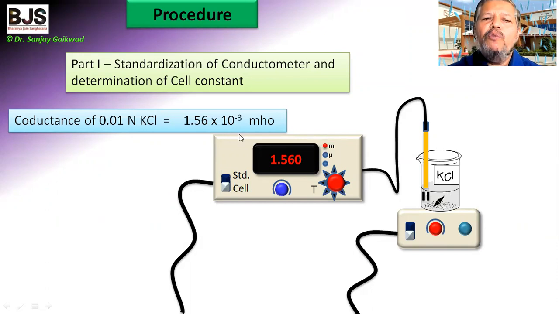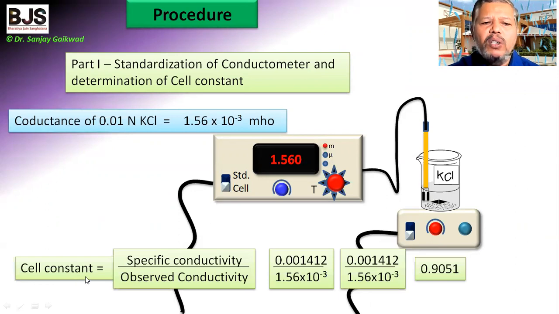From this value, we can calculate the cell constant with the help of this formula: cell constant equals the specific conductivity divided by the observed conductivity. Specific conductivity for this solution is related to the temperature.